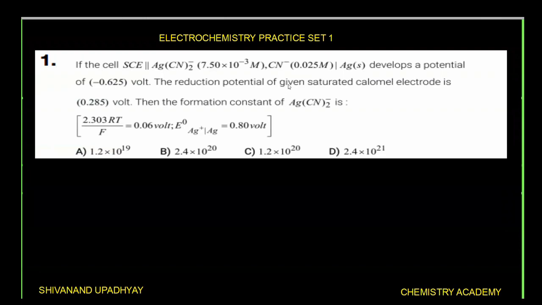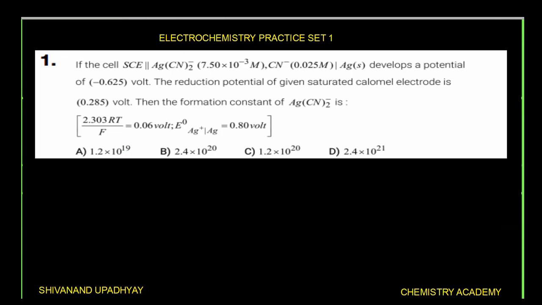The reduction potential of the given saturated calomel electrode is 0.285 volt. Then the formation constant of Ag(CN)2 minus is? 2.303 RT/F is equal to 0.06 volt. E naught of Ag+ to Ag is equal to 0.8 volt.